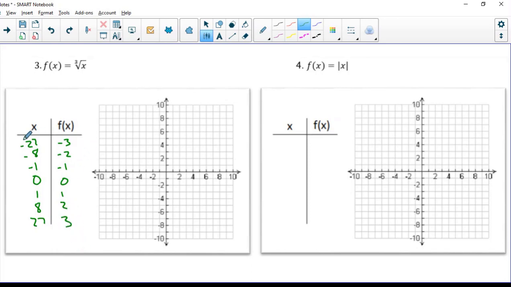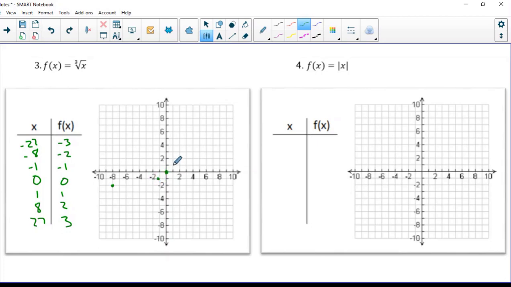And the first thing you might notice is I can't really graph that. Negative 27, negative 3 is going to be way over here, way off the graph. But the next one, negative 8, negative 2, I can plot that. Negative 1, negative 1 right there.